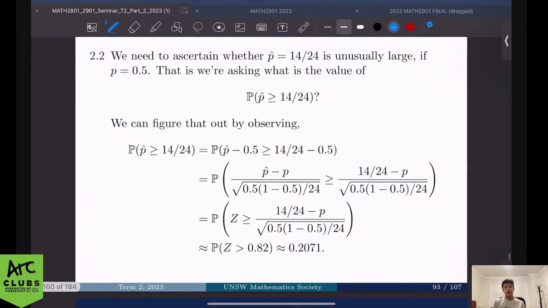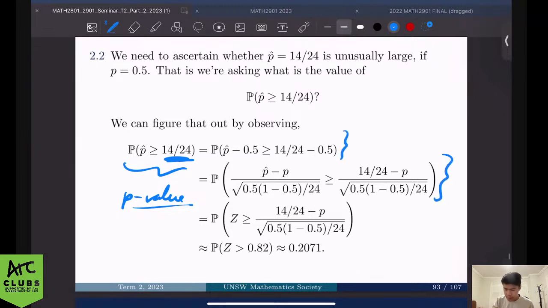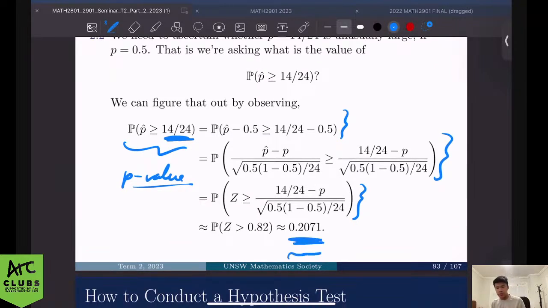Let's go through this a bit more slowly. This is our p-value. If you're not sure, just let me know in the chat. Our p-value is equal to the probability of this statistic being greater than 14 out of 24. So you reduce it to the normal distribution and say, okay, the normal distribution tells us that 20% of the time you'll get something more extreme than this.